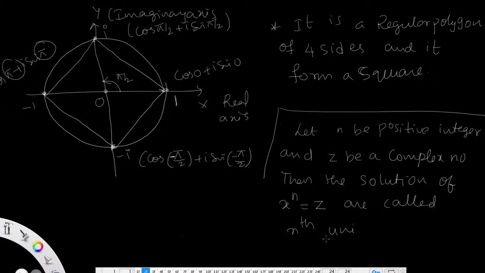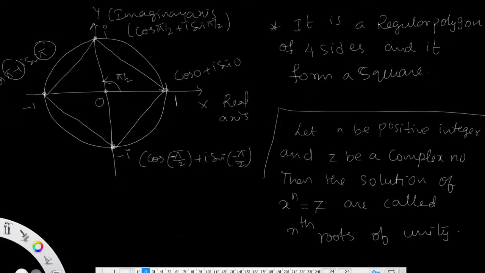What does that mean? If n equal to 3, we get the values for cube roots of unity. If n equal to 4, we get the values of fourth roots of unity. Similarly, if n is a positive integer and z is a complex number, then the solutions of x power n equal to z are called nth roots of unity.